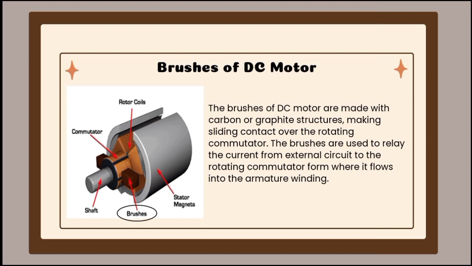Brushes of DC motor. The brushes of the DC motor are made with carbon or graphite structures, making sliding contact over the rotating commutator. The brushes are used to relay the current from the external circuit to the rotating commutator, from where it flows into the armature winding.